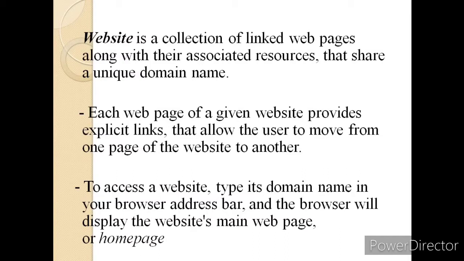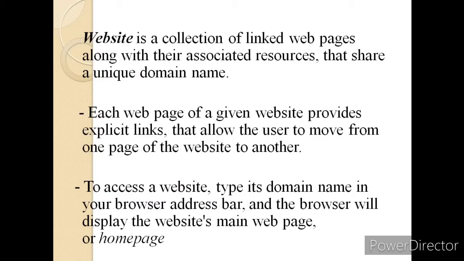Each web page of a given website provides explicit links that allow the user to move from one page to another. When you have many web pages in a website and you want to move from one page to another page, how will you move? You are provided one explicit link. By clicking that link, you will be directed from one page to the other page.